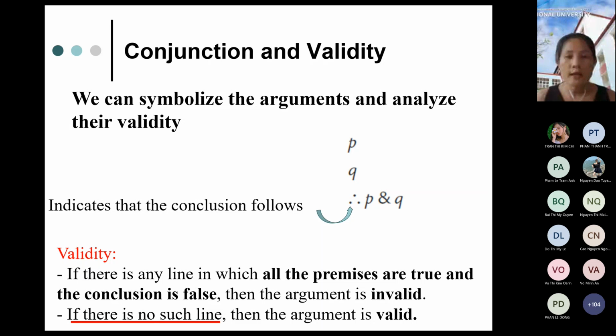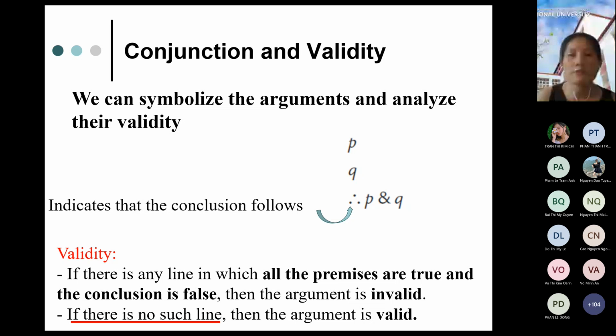And find all of the rows that have the premises true. If there is any row where the premises are true, but the conclusion of that row is false, then your whole argument is invalid. But if you don't see such a row, it means that your argument is valid.